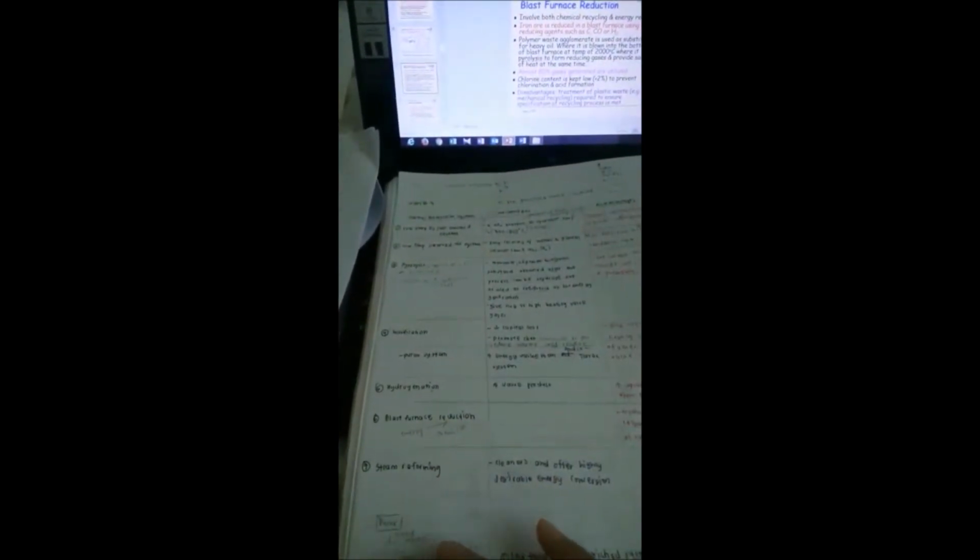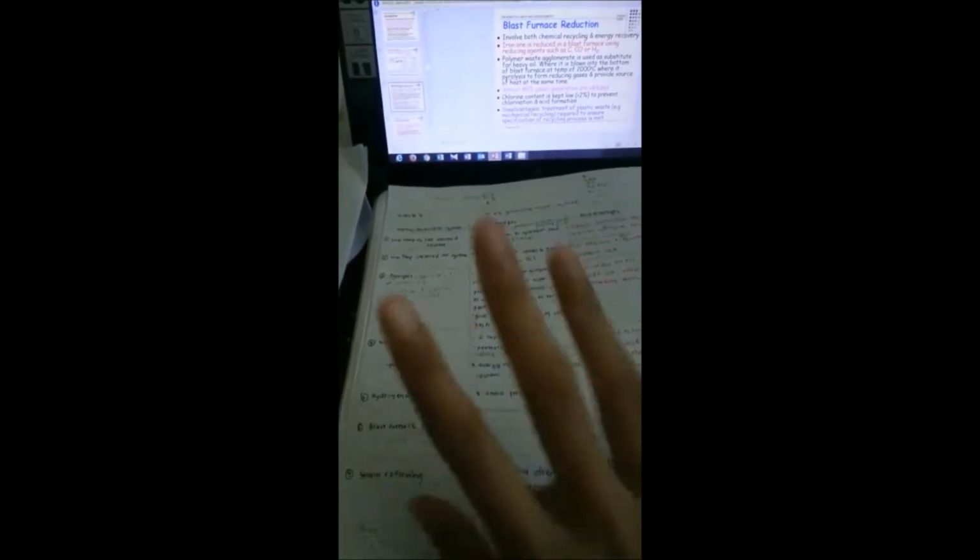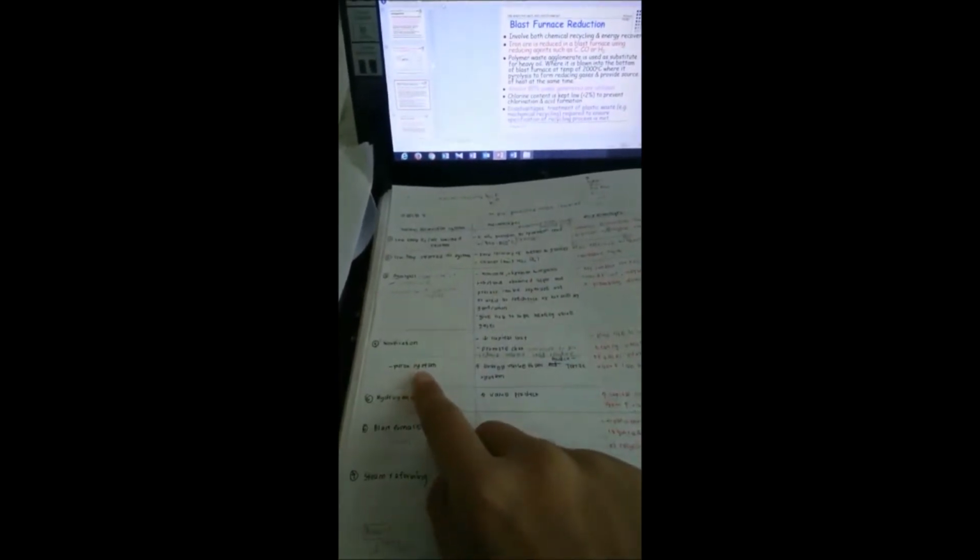Maybe other people will say you are crazy because you are talking to yourself, but just ignore them. For example, if I want to memorize the advantages of gasification, the first point is low capital cost. Low capital cost, low capital cost. You just read and say it 10 times, and inshallah you will memorize it. Believe me. Okay, so that's all.